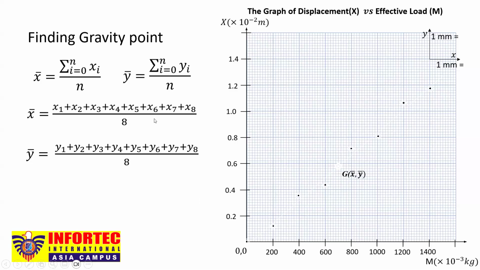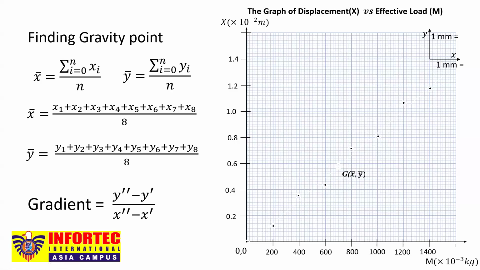In the x-axis, we take the summation of the x points and divide by the number of data points. And y bar, we take the addition of all the data in the y-axis and divide by the number of points. This is the point, right? Then we can mark G at x bar, y bar. This is the balance point of the graph.